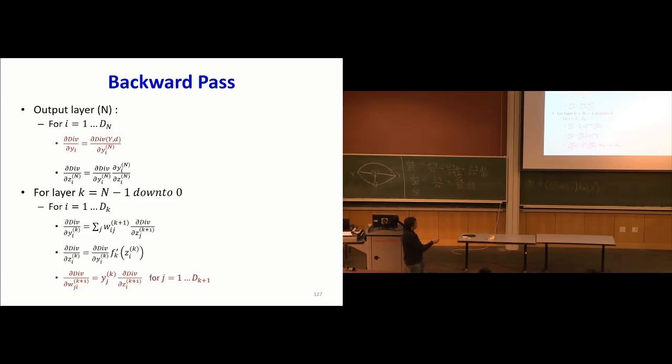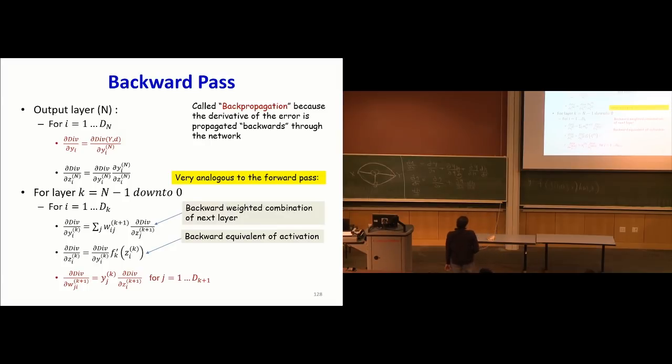Then you'd work your way back down through the layers, and within each layer you compute the derivative of the divergence with respect to the y, then with respect to the z, and somewhere along the way also with respect to the weights. I'm not going to go through these equations. I will leave this as an exercise for you to go over the slides, and just to make sure that you've gone over the slides, I'm going to have these in the quiz.